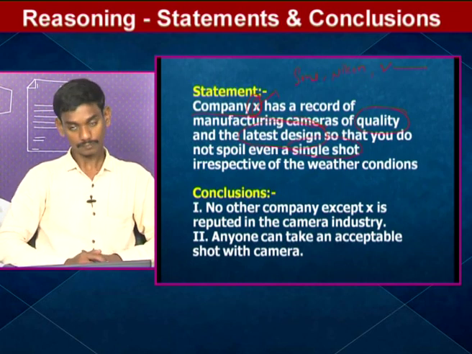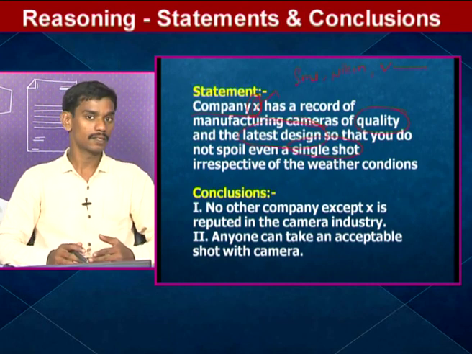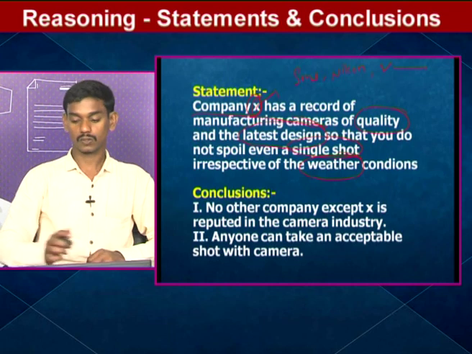See, the given statement: company X produces latest and good quality cameras and it gives us good images and good photos without spoiling in any weather. So good quality cameras and latest design, and it gives accurate images to us without spoiling in any weather. So these four are important in that statement.